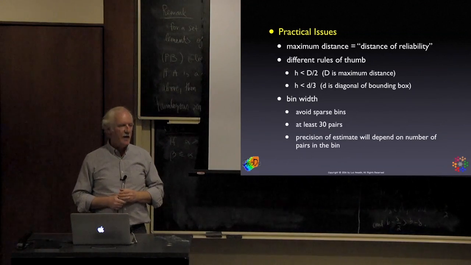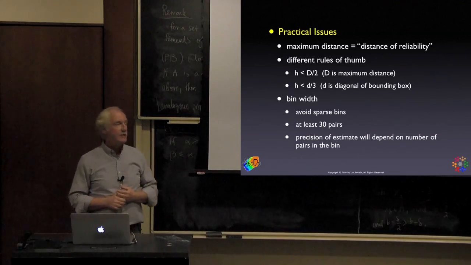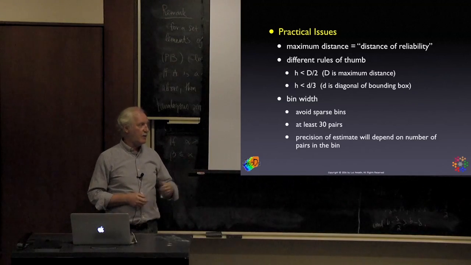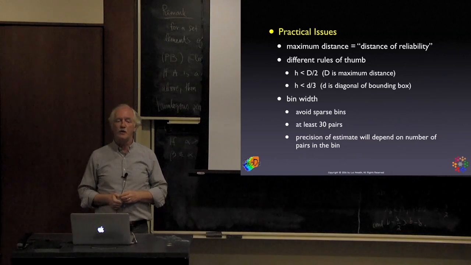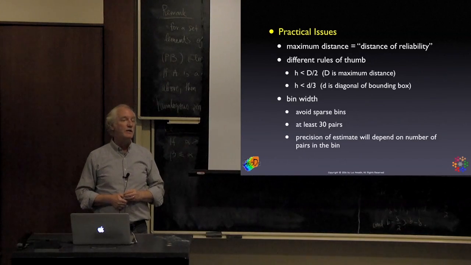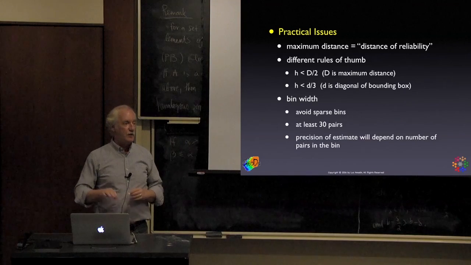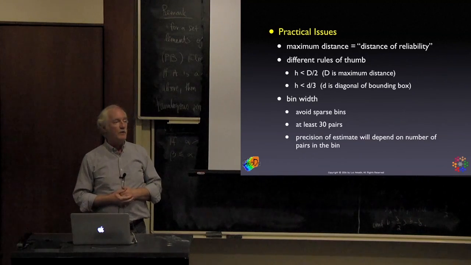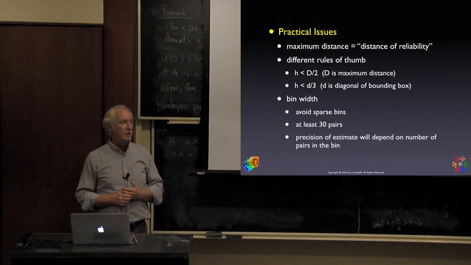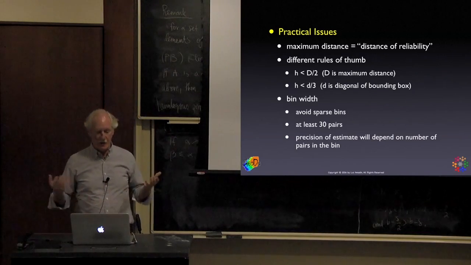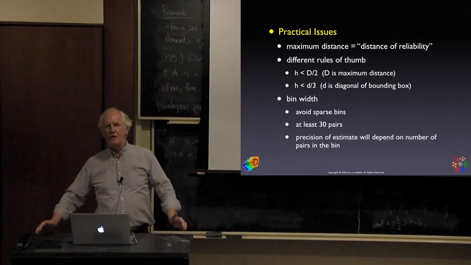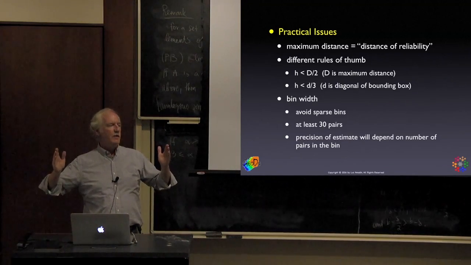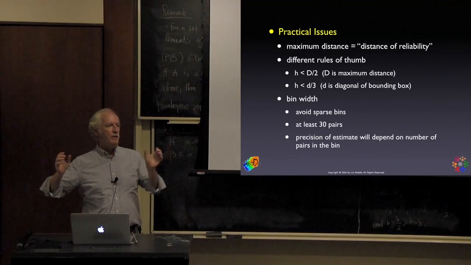And then one that will often bite you, especially with smaller data sets like the LA 30 monitoring stations, is that your bin width has to be such that you have enough observations in it. If you're not careful with software like GStat and its defaults, you can get very strange situations. The default in GStat is that it takes your cutoff distance and divides it by 15 to get the bin width.